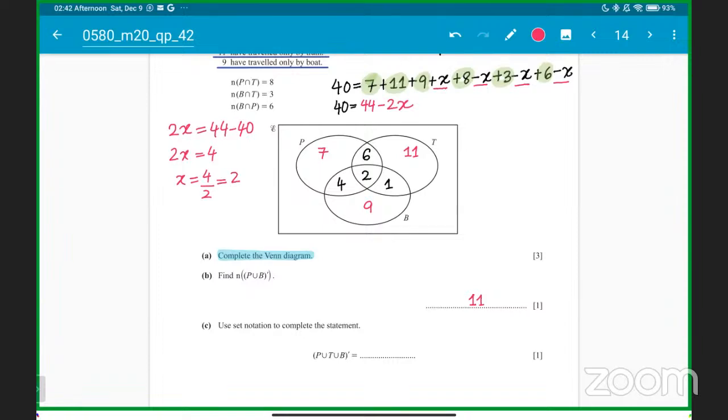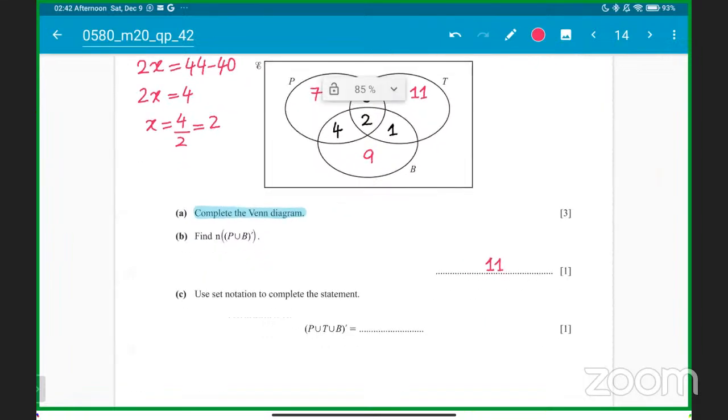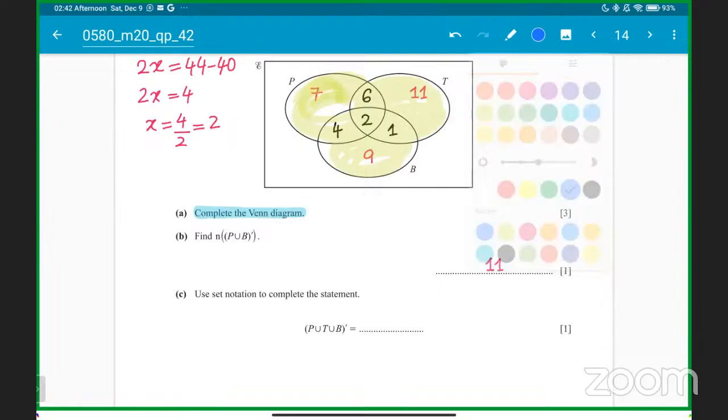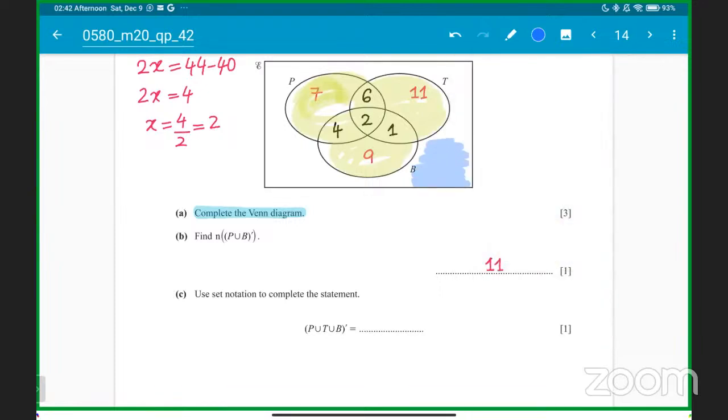So P union T union B. All they're asking you is to do all 3 union. Okay, students, they're asking us to do all 3 union and then the complement. Which means adding all of them, all of these 3 are included. Union means all of the 3, and then complement, which means apart from this. So you don't take into account, you reject this. Which means you take outside. So what is outside? Outside is, hello, outside is nothing, right?